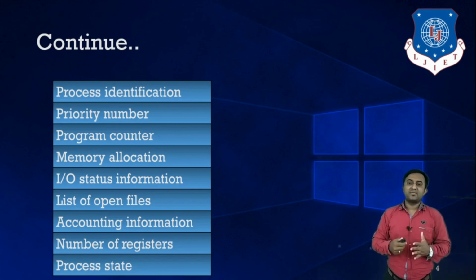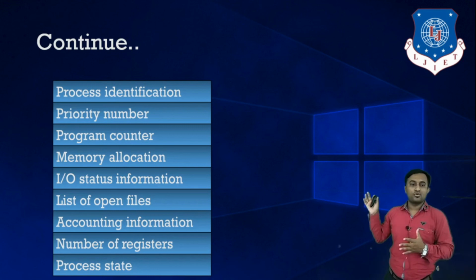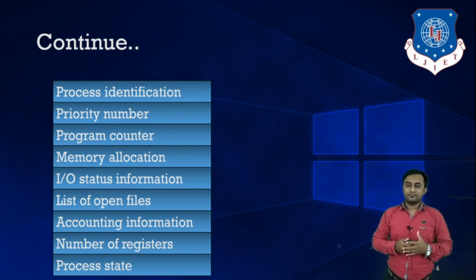A process may be in a ready state, running state, terminated state, waiting state, or blocking state. So that information resides in this particular field. So there are different fields we have in the process control block. So this is all about the process control block.